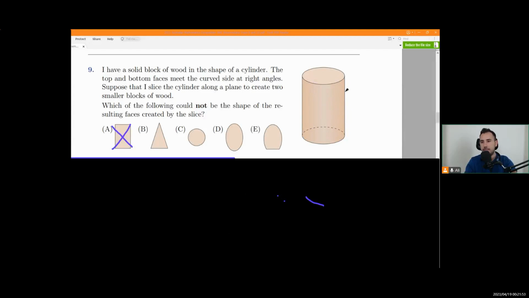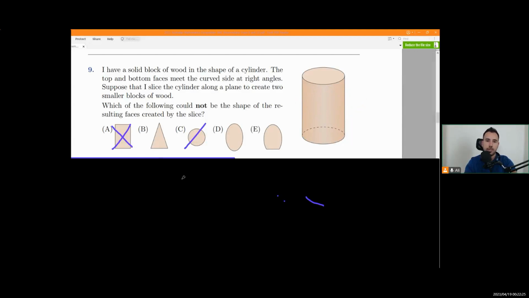And obviously, if we cut it from here, I didn't draw it well, but it would be a circle. So if we cut it in this direction, we're going to have a circle like this. We cut it with a plane this way. I hope you can imagine it. So this one obviously will be out.